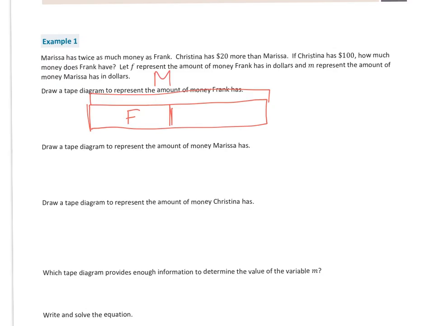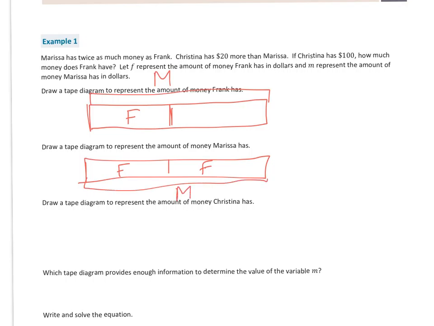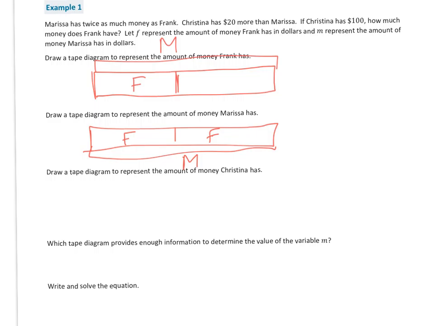Draw a tape diagram to represent the amount of money Marissa has. This is going to look a lot like the one I just did. 2 Franks equal 1 Marissa, because she has twice as much money. And last but not least, let's draw one for Christina.